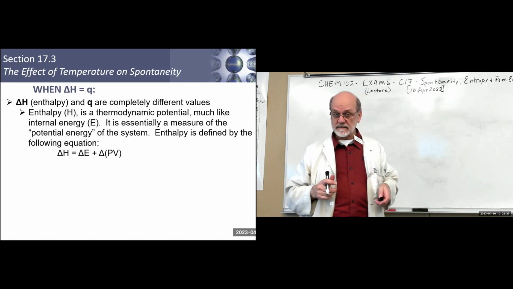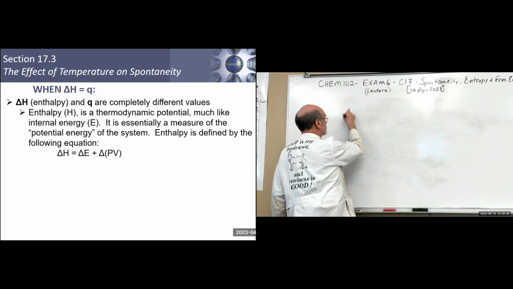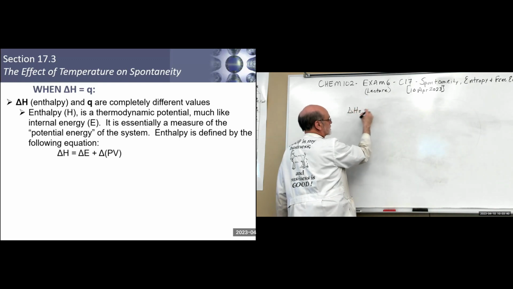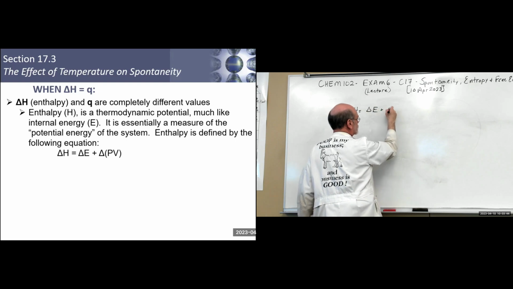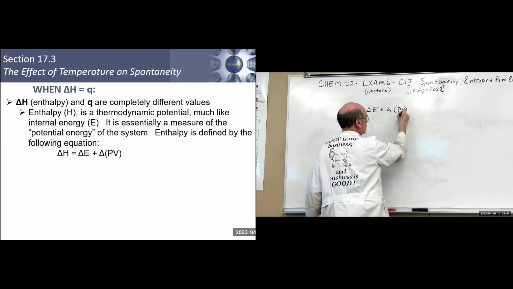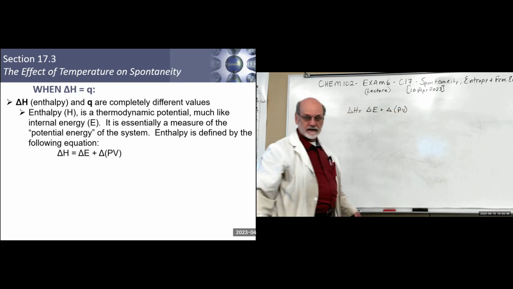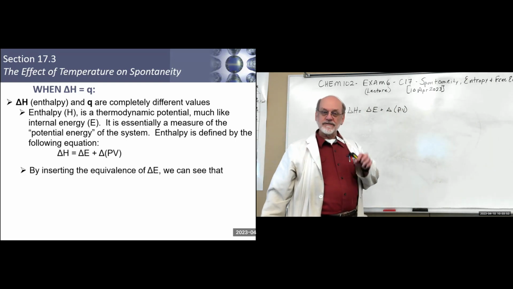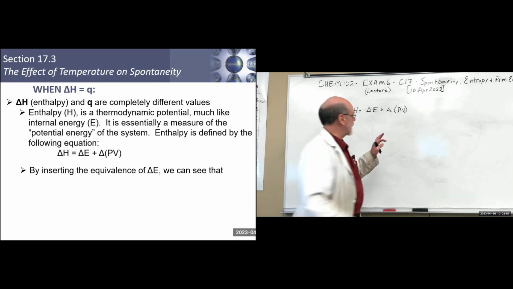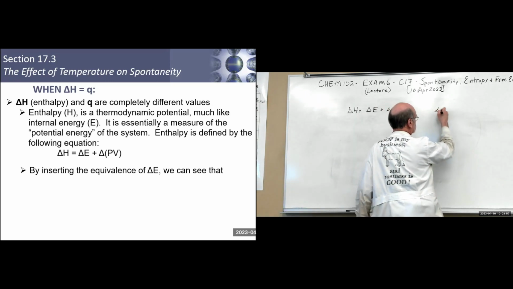And we define it in these terms. Delta H equals, we did this a little earlier, delta E plus the change in pressure times volume. All right. If we look at the equivalence, what is delta E equal to?